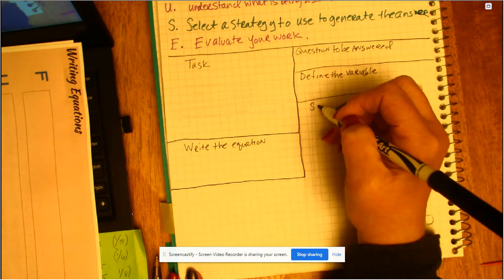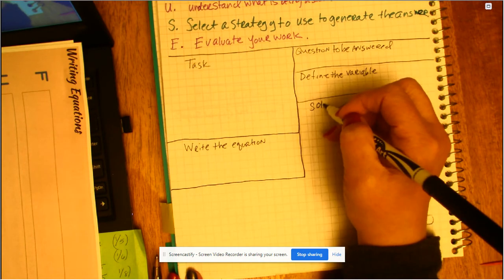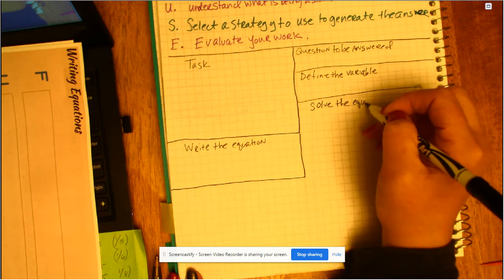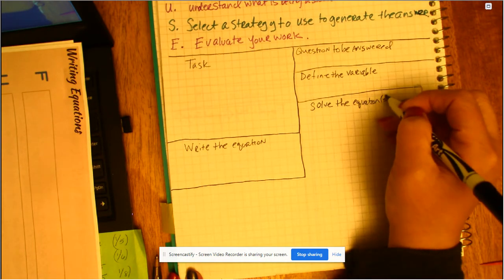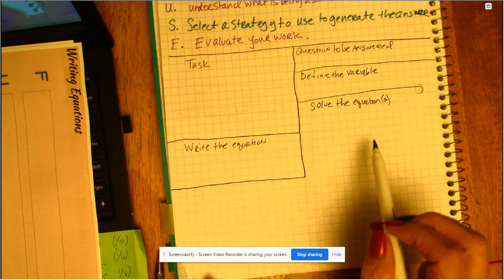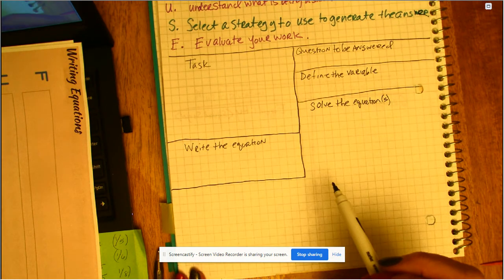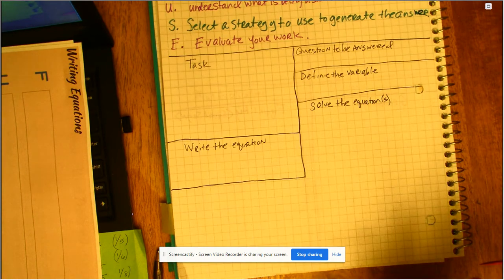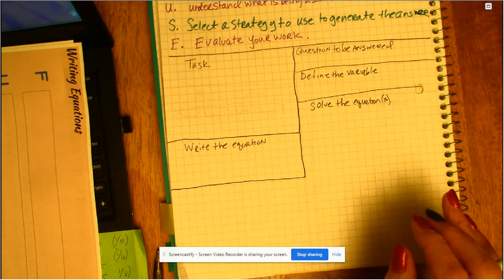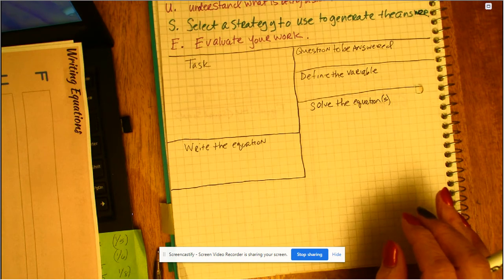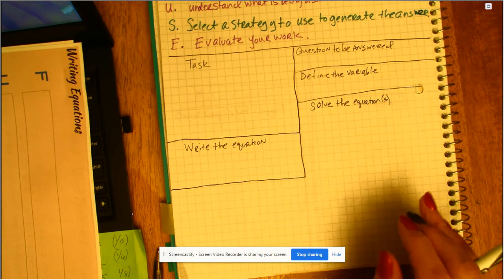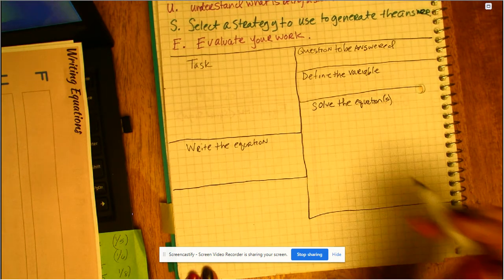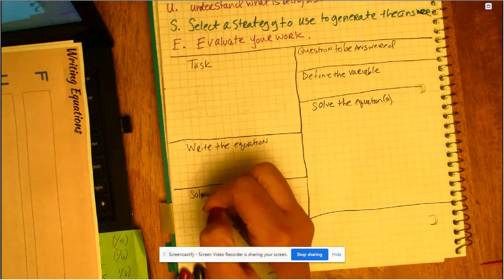We're going to need to solve the equation or equations. And we say that because right now we're learning how to write one multi-step equation. But in our next unit of study, when we cover systems, we're going to learn how to write multiple multi-step equations and how to solve them together. So we're going to need to solve it. And then, as we know, we need a solution sentence.